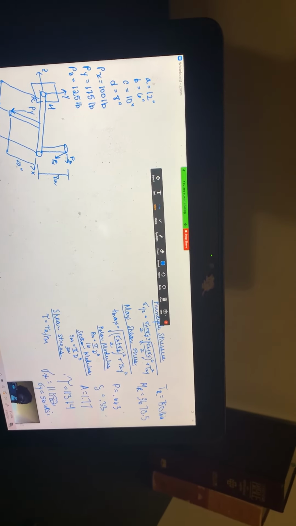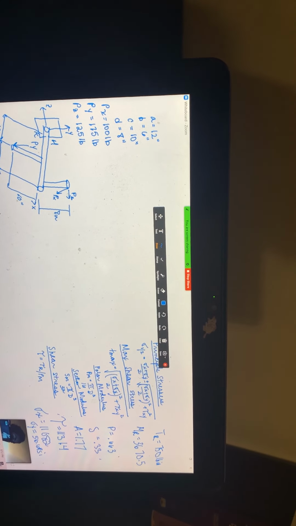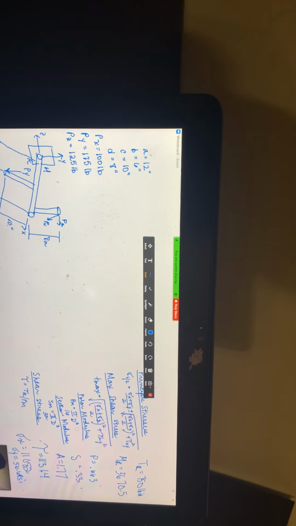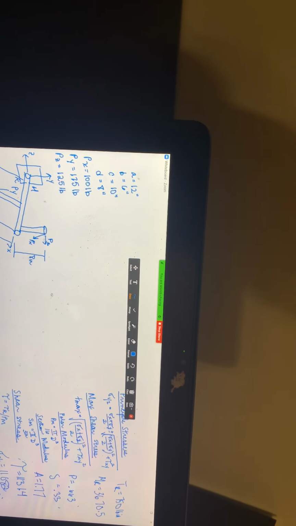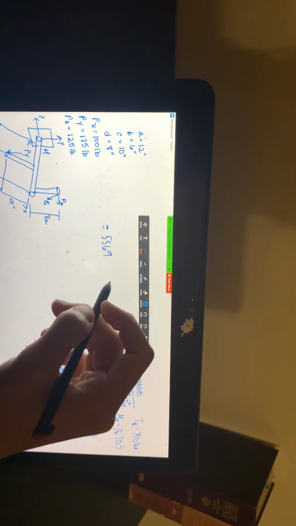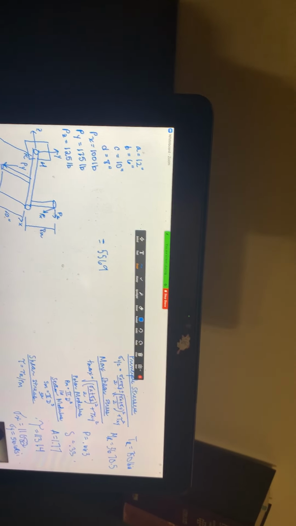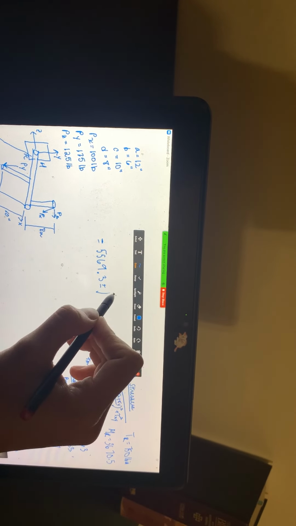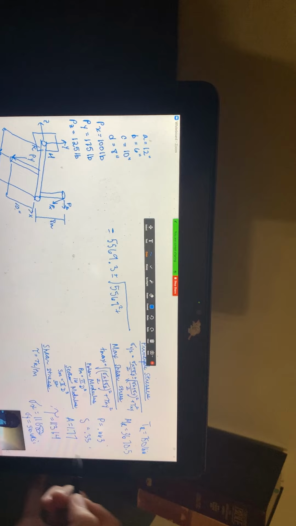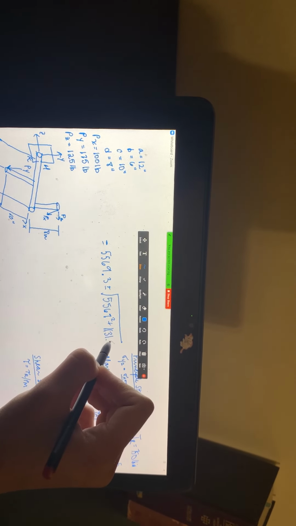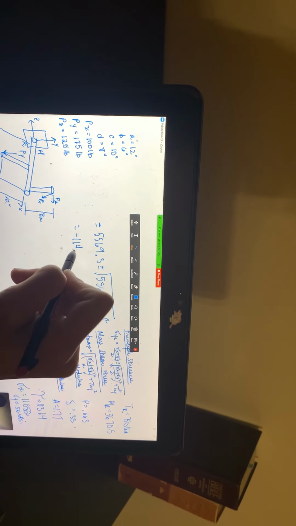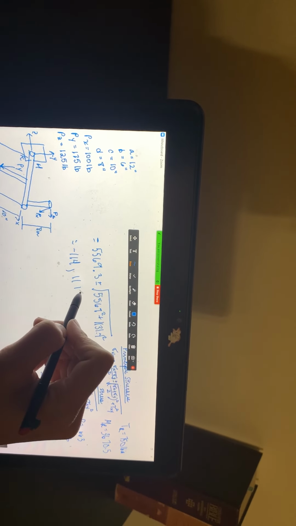And once you solve for it, you get divided by 2, 5,000.0.3 plus or minus the shear stress squared, and you get negative 1,114 and 11 KSI.